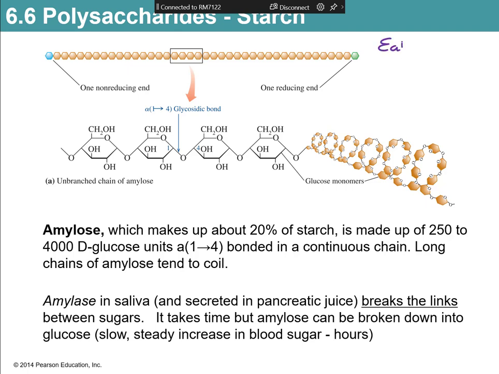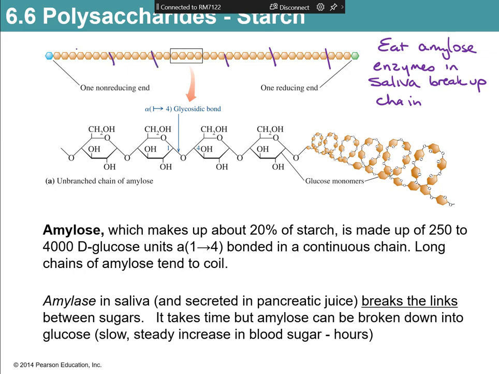So when you eat any kind of starch or amylose, enzymes in your saliva actually start this digestion. These enzymes begin to break up the chain. So you break it, and you break it, and you break it.